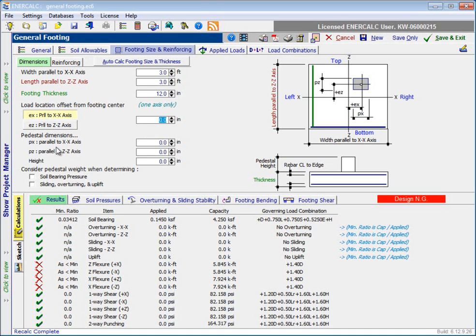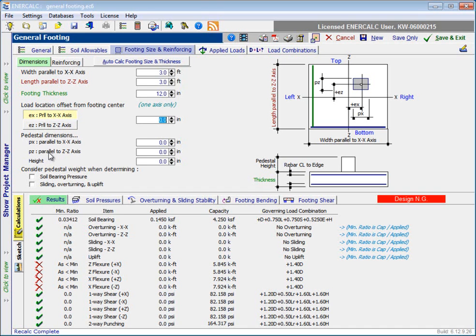The next pieces of input are the pedestal dimensions. We collect a dimension parallel to the x-axis and a dimension parallel to the z-axis, and we collect a pedestal height. Now these are important for a couple reasons. Number one, they define the location where the moment will be calculated, and for that matter where the one-way and punching shear checks will be conducted as well.